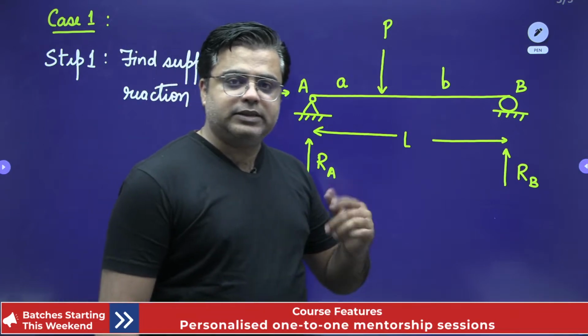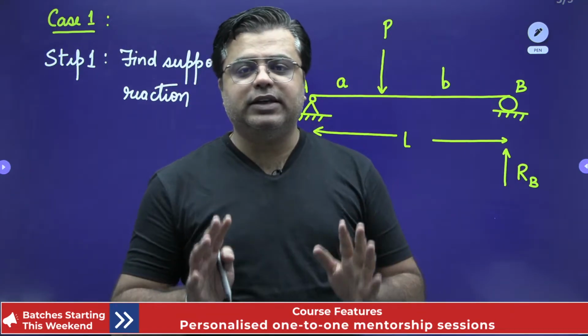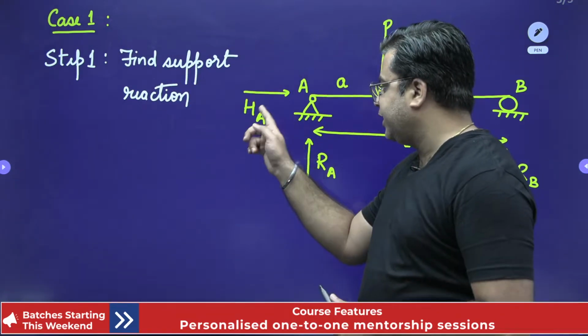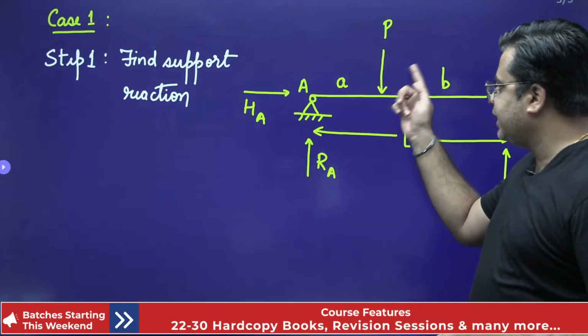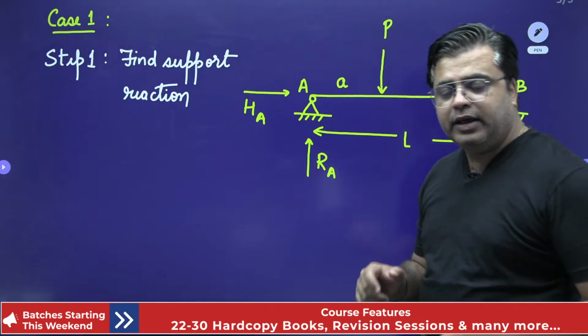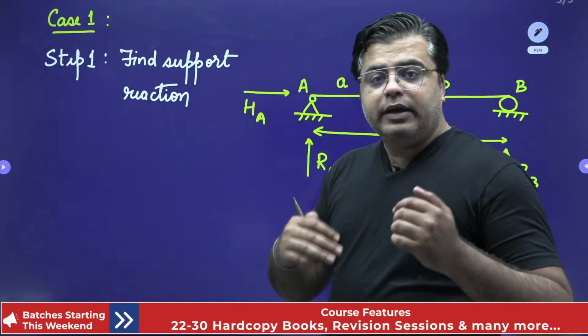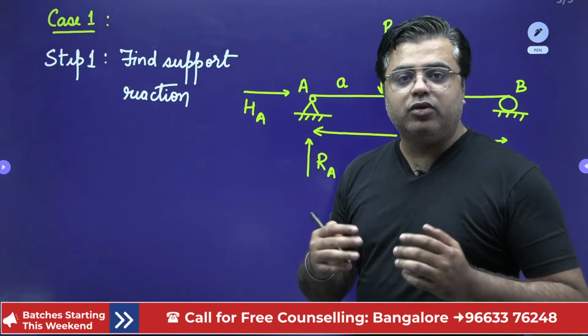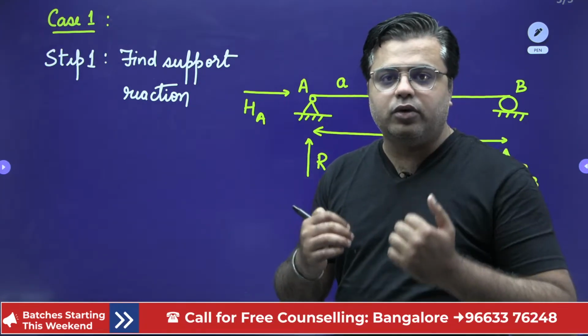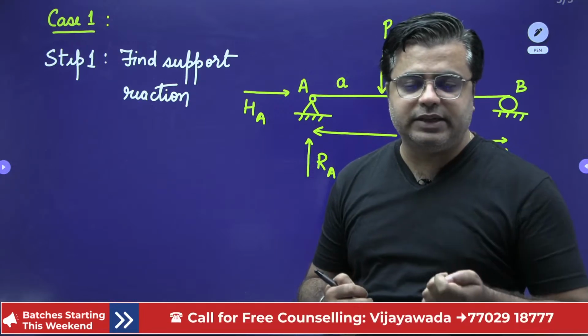But still, it is good practice to consider HA, because sometimes when an inclined load is given, we ignore this HA unnoticed. It's a very silly mistake that we usually make.